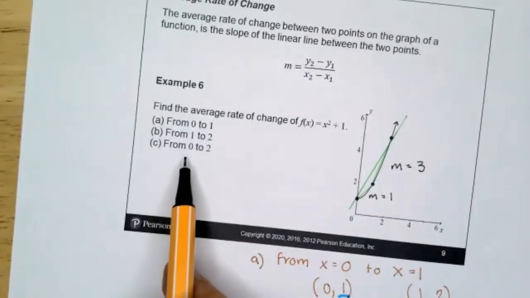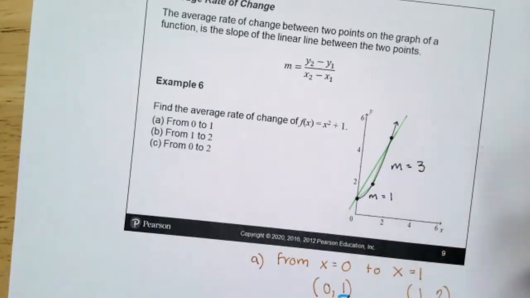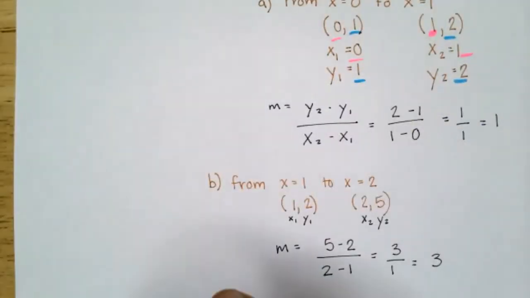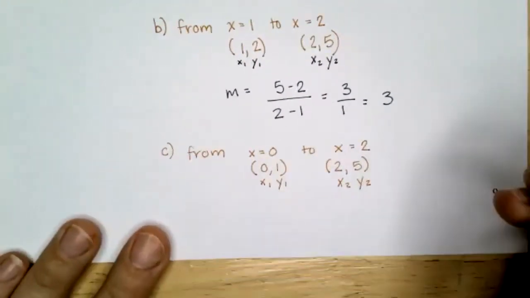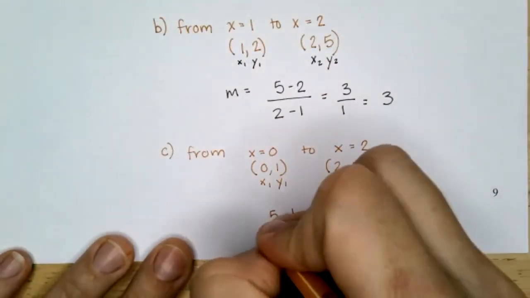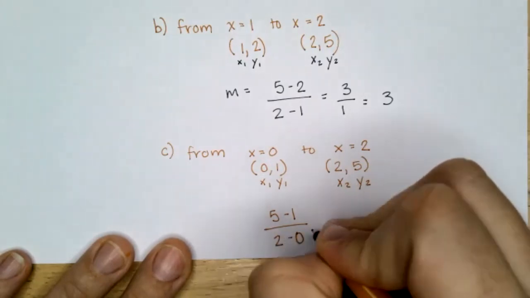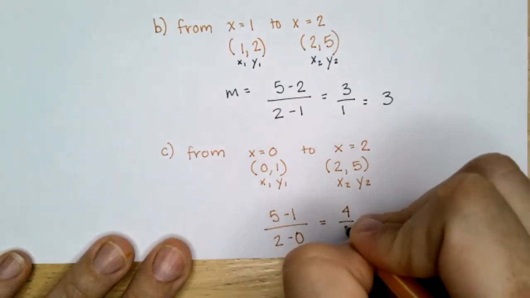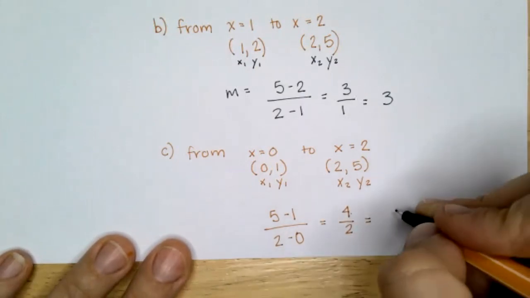And then the last one is from 0 to 2. So it's going to be that line. From x is 0 to x is 2. That point is 2, 5, we know. And that point is 0, 1. So we're going to say, oh, sorry, I couldn't even see that. 5 minus 1 over 2 minus 0 is 4 over 2. 4 divided by 2 is just 2, right?